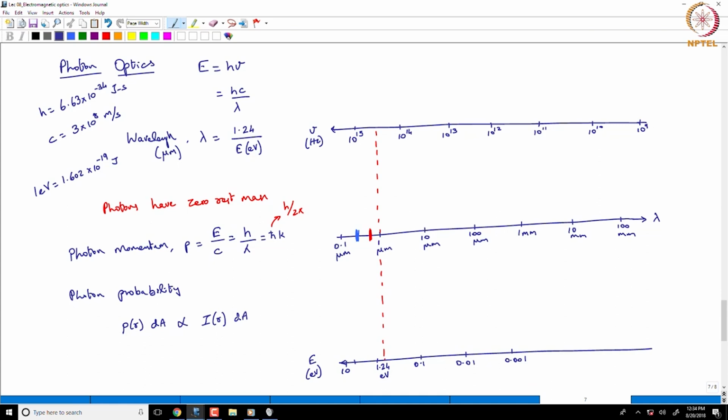So essentially it says that if you have higher intensity, then there is a higher probability of finding a photon there.